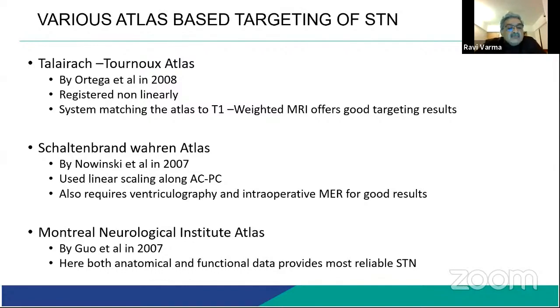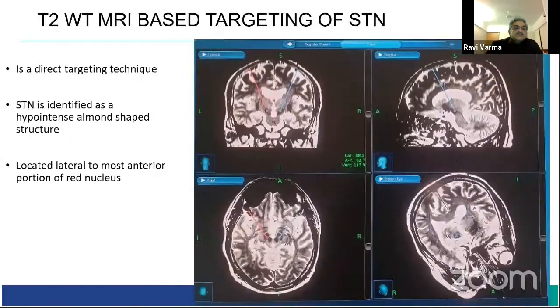But the one atlas that is really good is the Montreal Neurological Institute atlas by Xiao et al. in 2007. Here, both anatomical and functional data provide a very reliable region of the STN, and this atlas can be used. But we commonly use the direct targeting technique. Person to person it varies, race to race it varies.